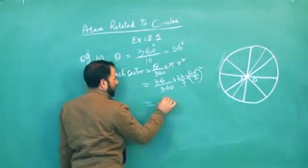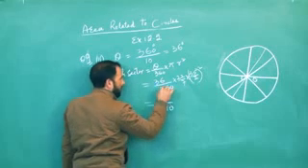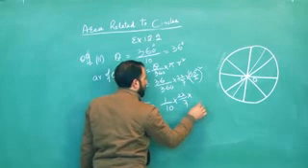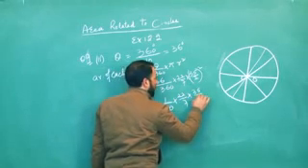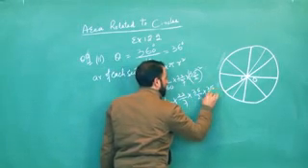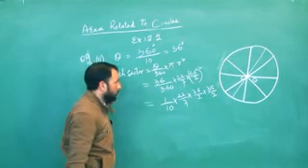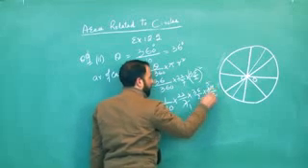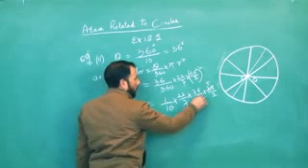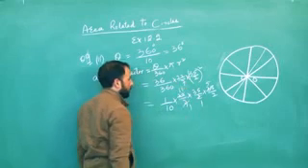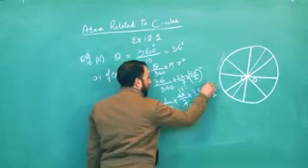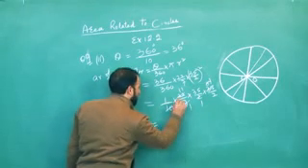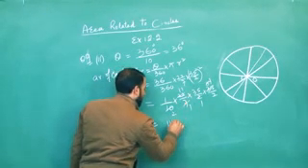That equals 1 divided by 10. After cancellation, we get 22 by 7 into 35 by 2, and since it is a square, we can write it as 35 by 2 into 35 by 2. So here 7 ones are 7, 7 fives are 35. Then 2 ones are 2, 2 elevens are 22. Then again 5 ones are 5, 5 twos are 10. We get here 11 into 35.